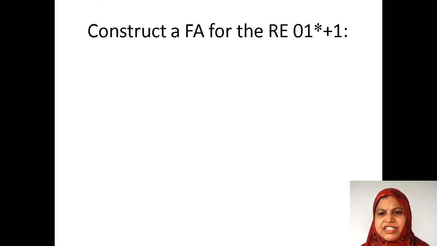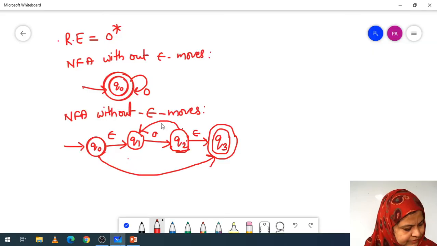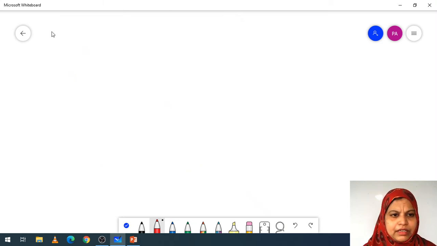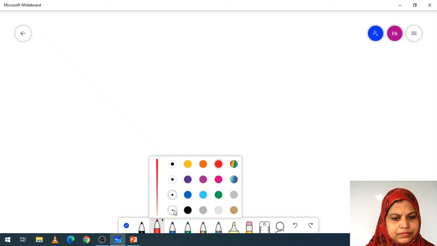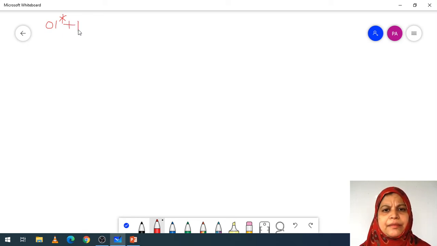My regular expression is (0, 1) star plus 1.